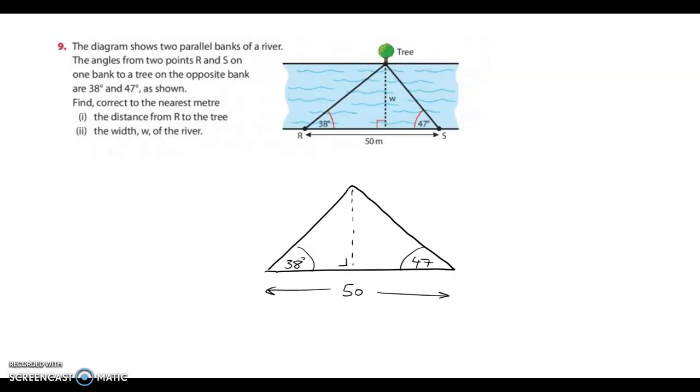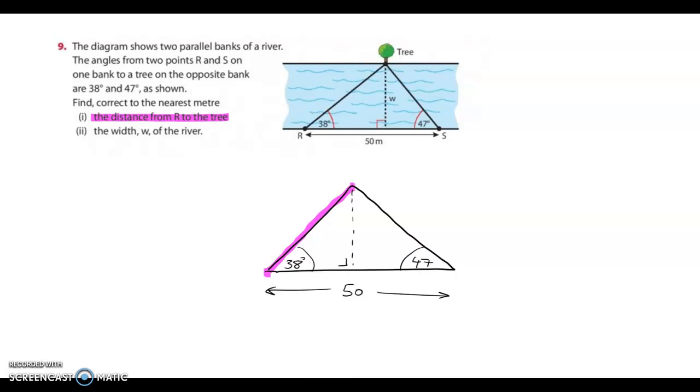The first question is looking to find the distance from R to the tree. So R is this point here, the tree is this point here, so they're looking for that side of the triangle. So how do I do it?